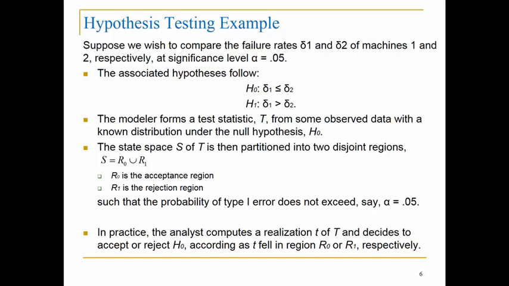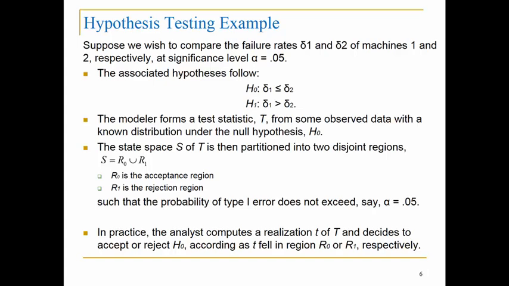So the modeler forms a test statistic, T, from some observed data with a known distribution under the null hypothesis. The state space S of T is then partitioned into disjoint regions, separated by the probability for each one of these hypotheses.